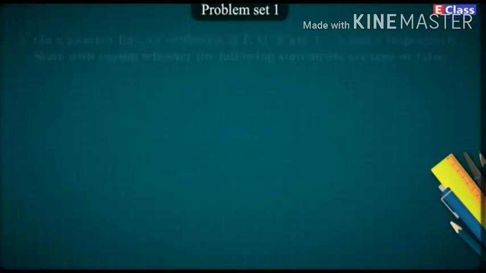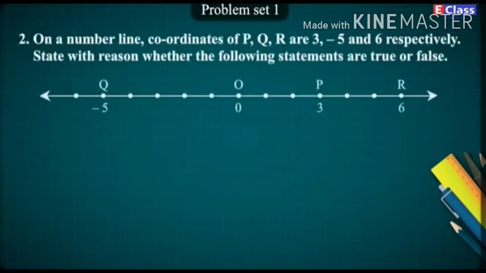2. On a number line, coordinates of P, Q, R are 3, -5 and 6 respectively. State with reason whether the following statements are true or false. 3. RP + PQ = RQ.